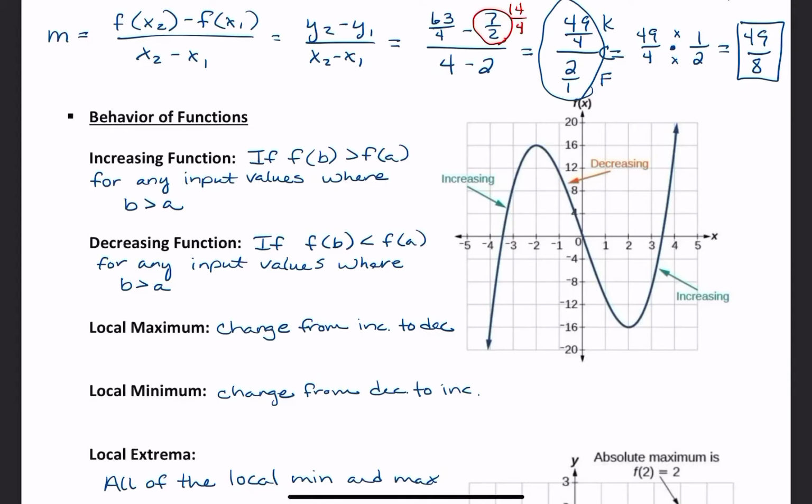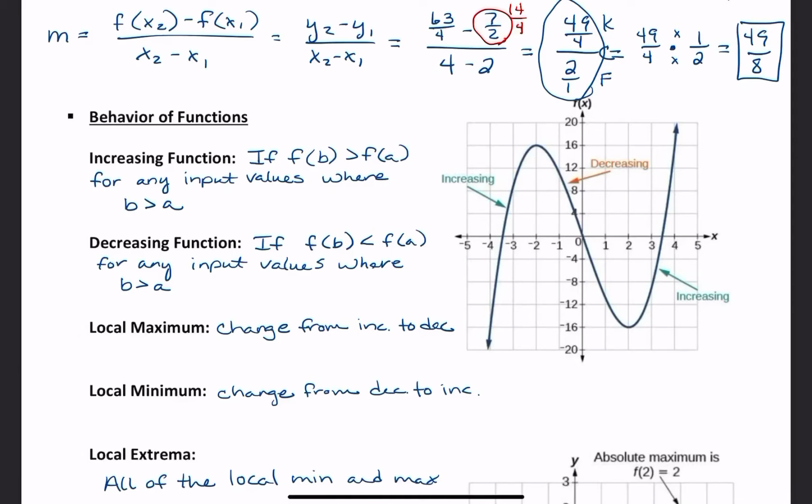So remember, here I'm talking about y values for any input values where b is greater than a. So if I plug those in and f of b is greater than f of a, then that means it's increasing. Decreasing is just the opposite.